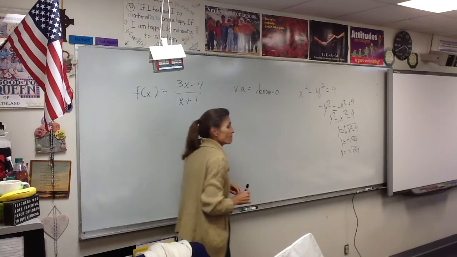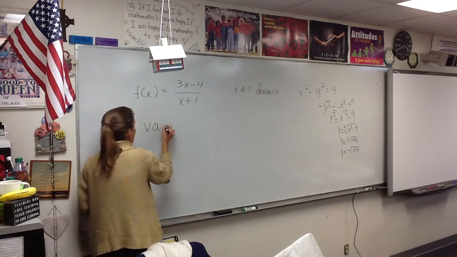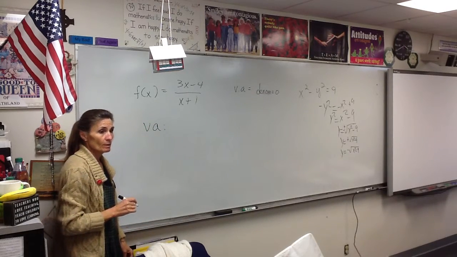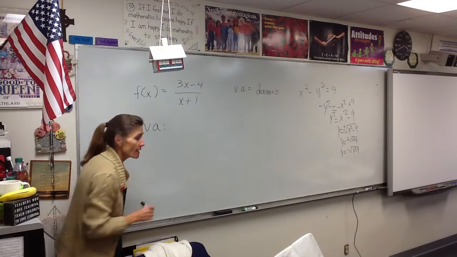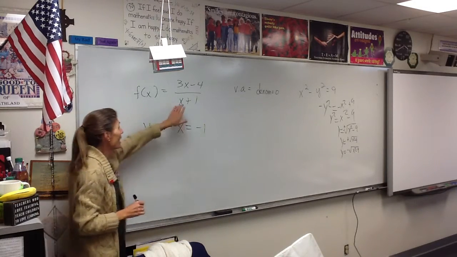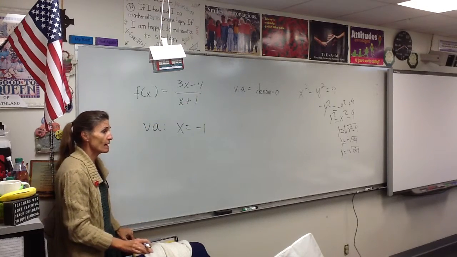So they come from where the denominator is 0. So take a look at this and tell me, where's my vertical asymptote? Where is it, Lauren? x equals -1. That's my vertical asymptote.